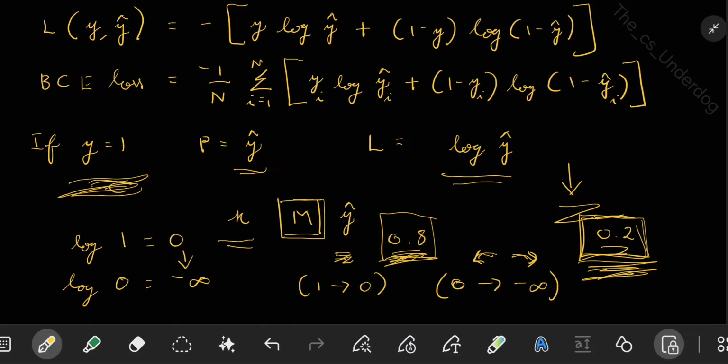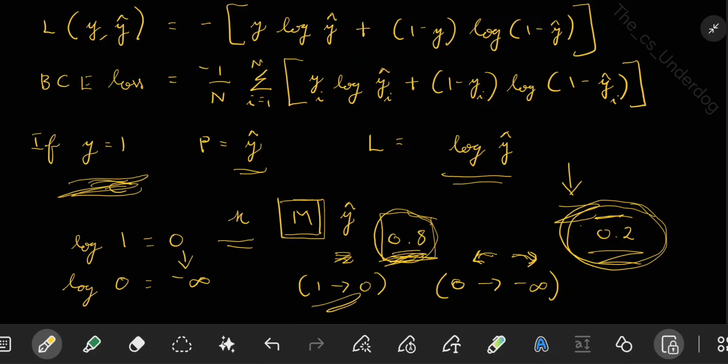What do you actually want? You want the 0.2 case to notify that you made a larger loss here, because you should have given something close to 1. Instead, the model gave 0.2, which is very bad. Loss should be much larger here and smaller here. 0.8 should have given a smaller loss, which means the logic that you used here has to be reversed.